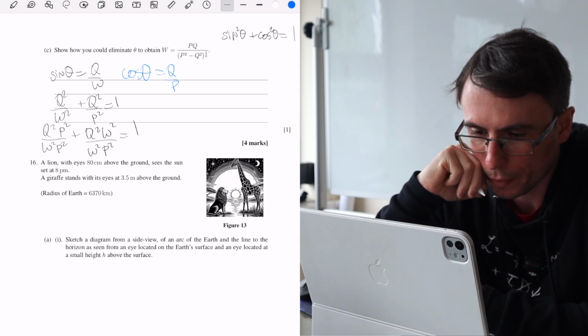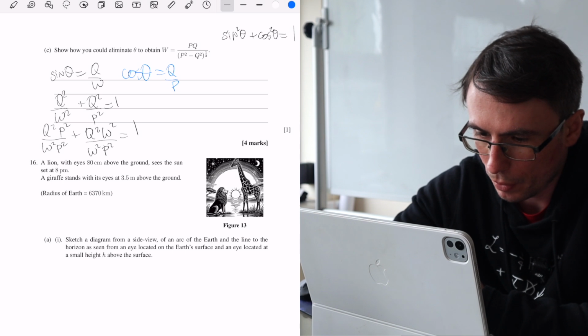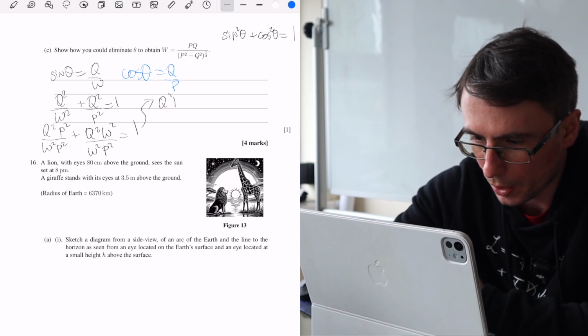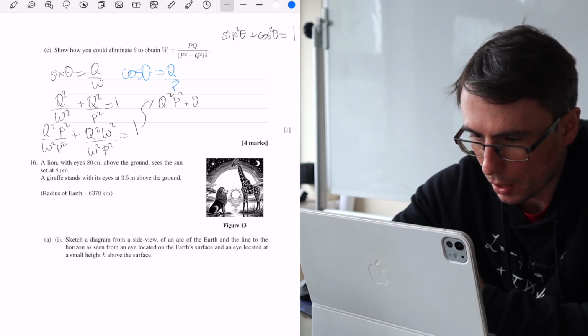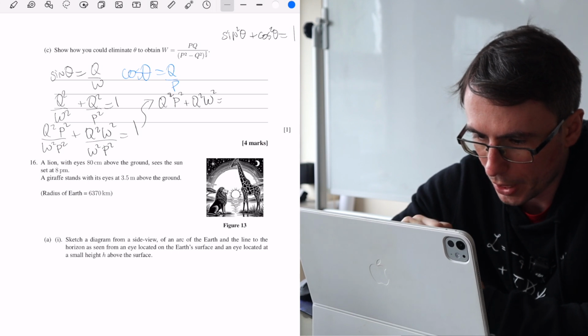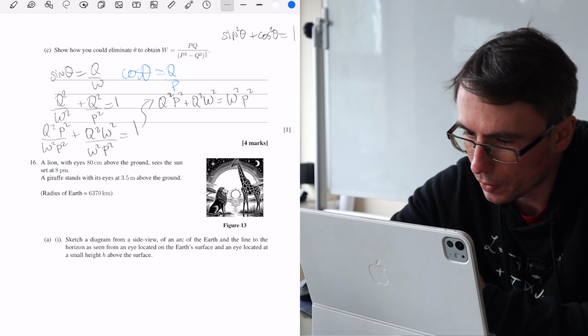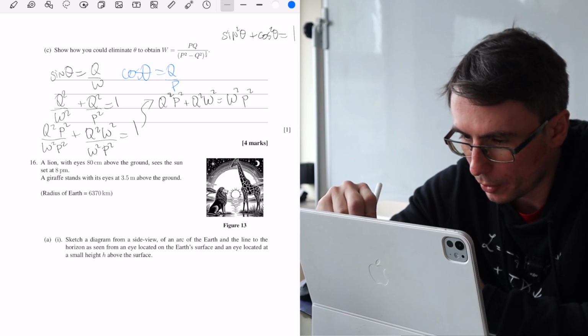We want to rearrange for W. So, right, Q squared, let's just carry on over here. Q squared P squared plus Q squared W squared is equal to W squared P squared. Let's get all the factors with W on one side.